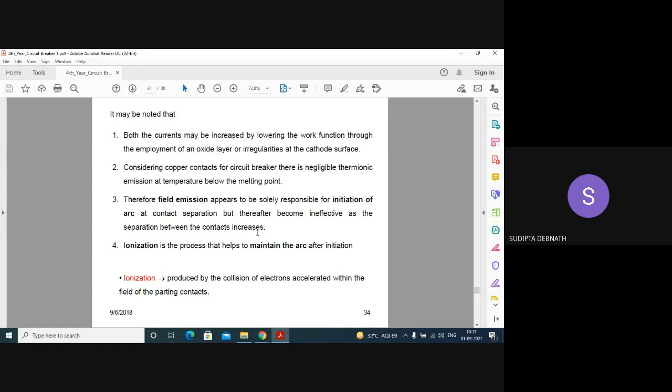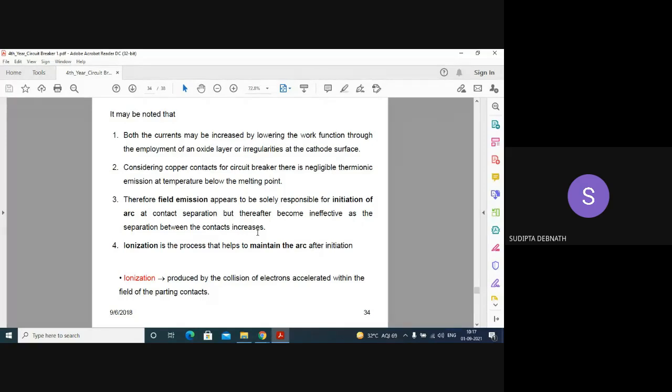So after the contacts have separated by a certain value, the emission no longer takes place, because the voltage gradient is not sufficient. You know the breakdown strength of air is 30 kV per centimeter. So it depends upon per centimeter.